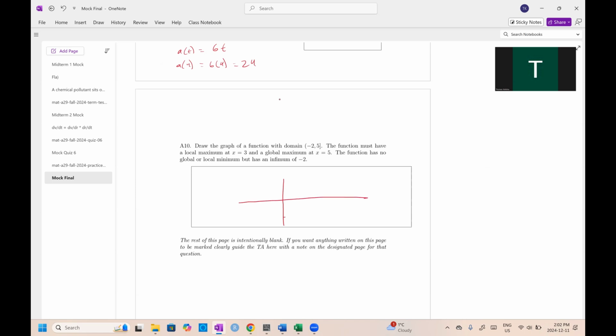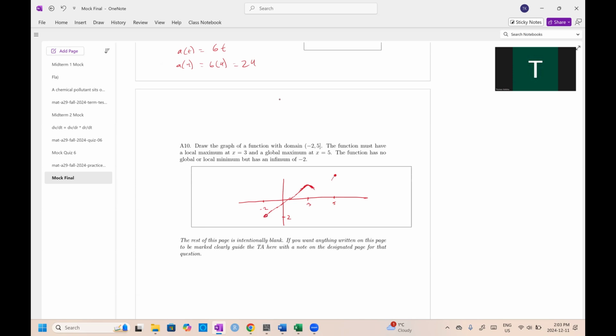I'm going to label minus 2, 3, and 5, and label here minus 2. I'm going to draw in a local maximum that looks kind of like this, and a global maximum here. Now, I'm tempted to put a little circle there to give myself an infimum.